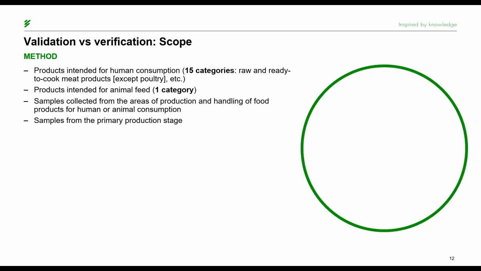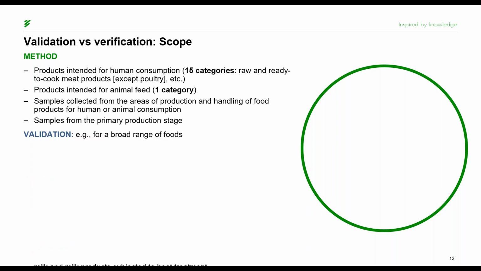We have first the scope of the method. In it, we can find 15 different categories of products for human consumption, one category for animal nutrition, and two categories for environmental samples, which are samples from food production and from primary production sites.